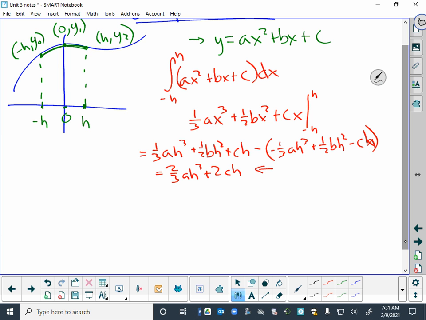If we plug them into this equation, y0 is what I get if I plug a negative h in there, which is ah squared minus bh plus c. y1 is what I get if I put a 0 in for all the x's, which is just c. And y2, if I put a positive h in, is ah squared plus bh plus c.